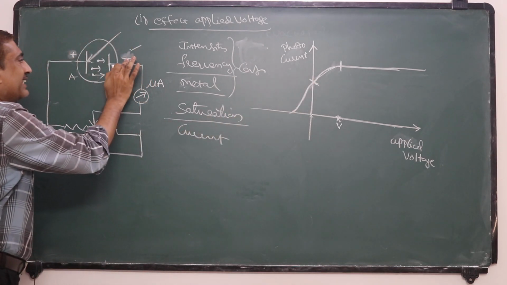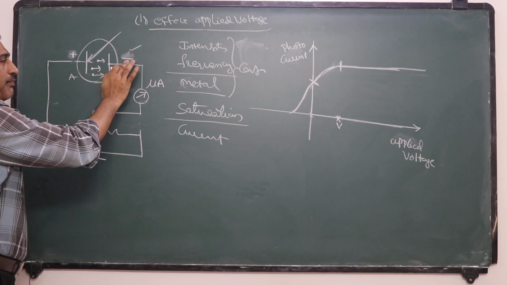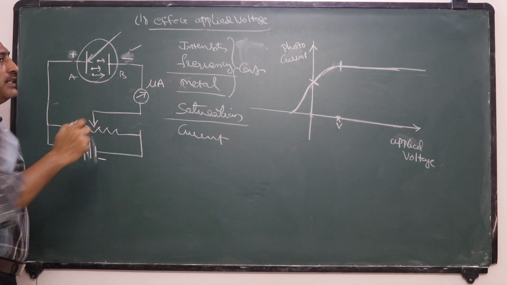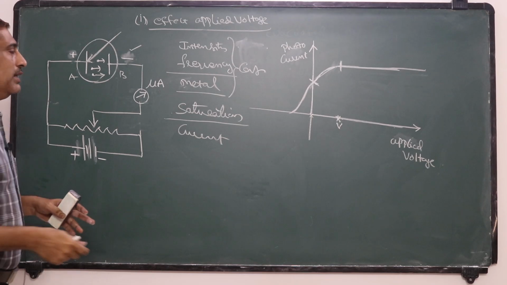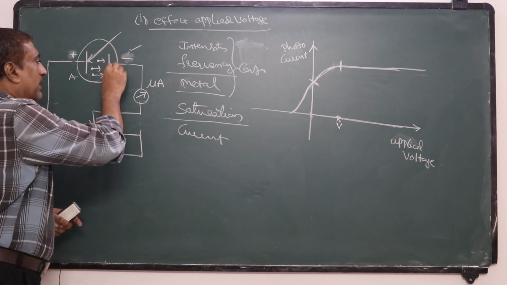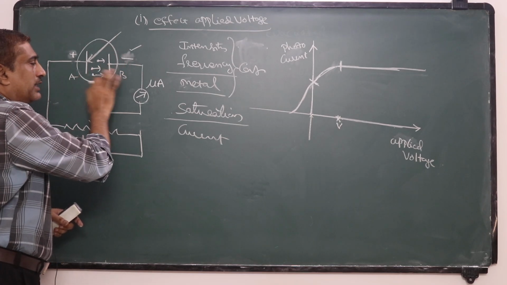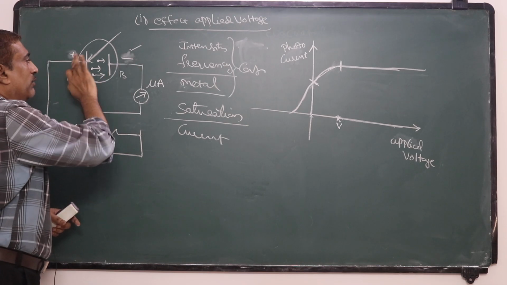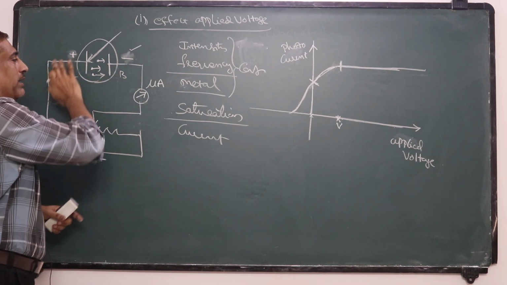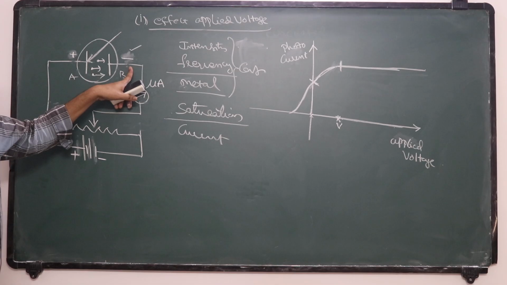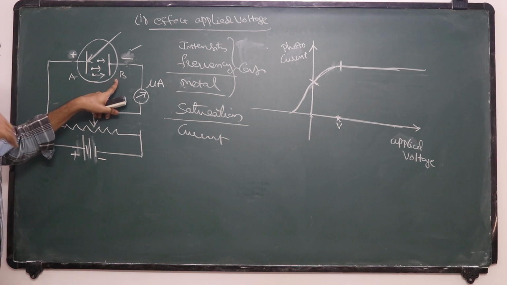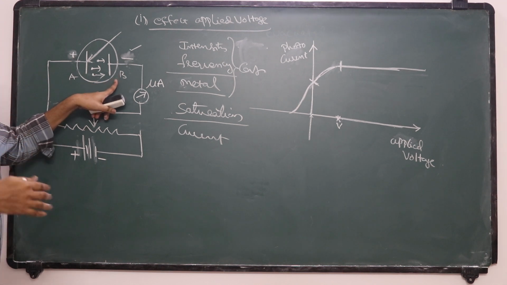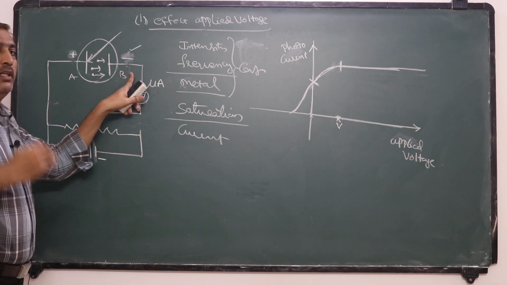Suppose we increase this negative potential. Some electrons are stopped, because when it is 0, all the electrons are moving from A to B, but when B is made negative with respect to A, only the electrons whose energy is sufficient to overcome this repulsion can move.